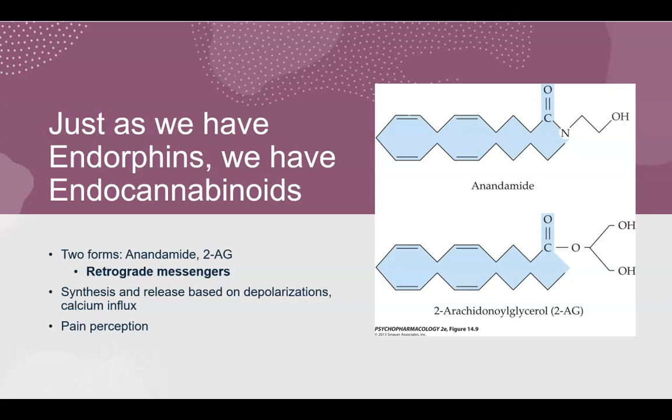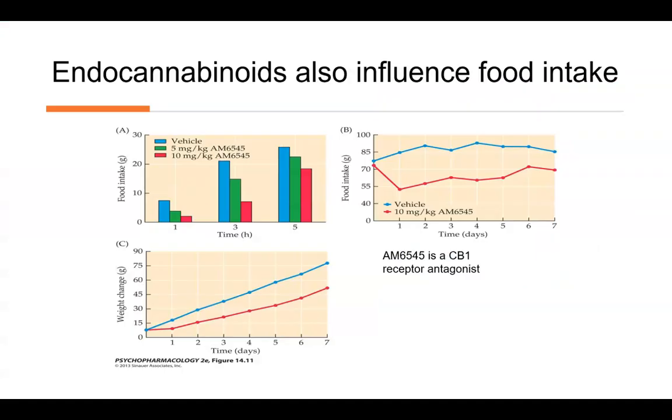How it is synthesized and released is based on how many depolarizations the cells have had, how much calcium influx there is. But what's really critical for you to know is that these endocannabinoids seem to be really critical for pain perception.